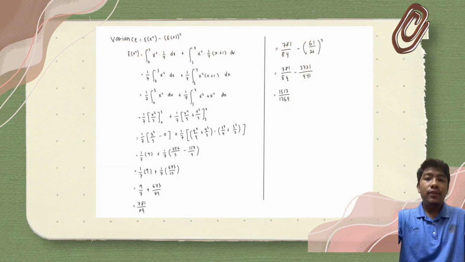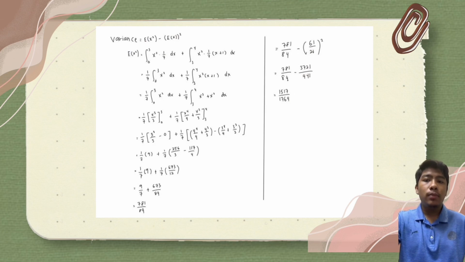We have to find the value for the variance by using the formula, which is E of x squared minus E of x squared. So for the first step of calculation is integral from 0 to 3 of x squared times 1 over 7 dx plus integral from 3 to 4 of x squared times 1 over 7 times x plus 1 dx.